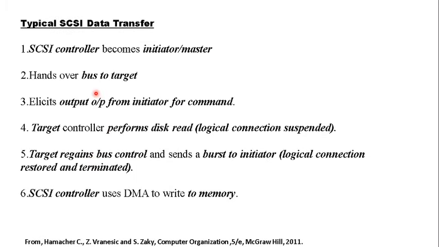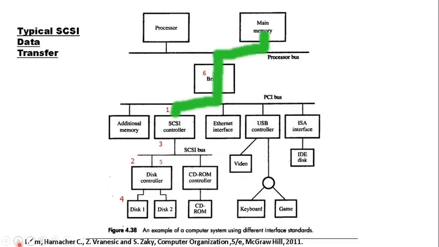Then, in the next step, it has to select the target. Suppose our SCSI controller needs to interact with the disk controller to perform a disk IO. The SCSI controller will take the bus for the transaction first, and then it has to hand over that bus to the disk controller.